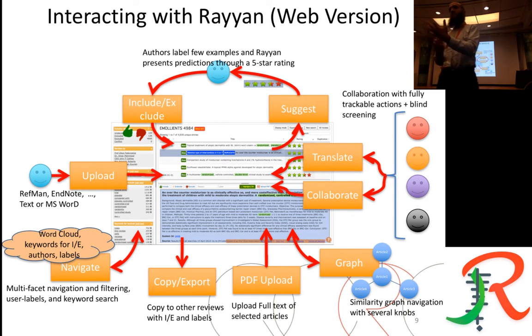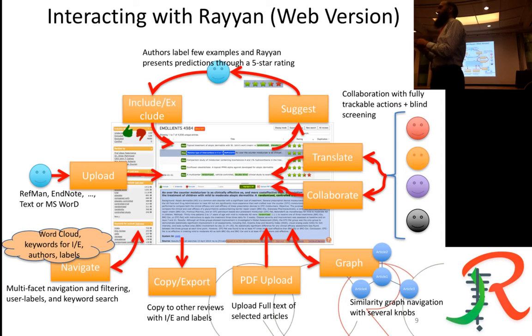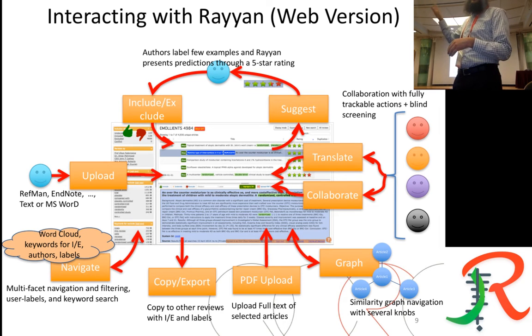You as a user are going through the different citations, you make a decision, include this and include this citation. At a certain point in time, after Rayyan has learned enough from you, it will create what we call a classifier, a model that can mimic your behavior on the rest of the citations and give you what you see, what we call the ratings.